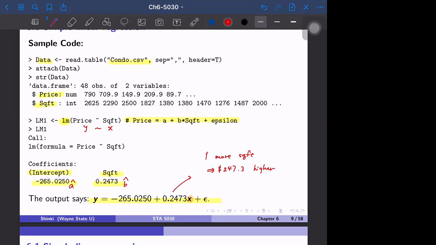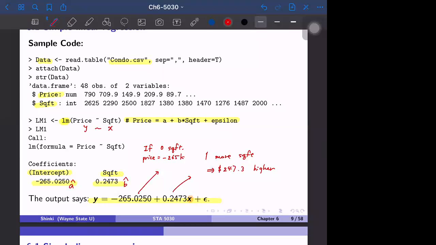The intercept is the value of y when x is equal to 0. So that means if 0 square footage, the price is equal to negative $265,000.